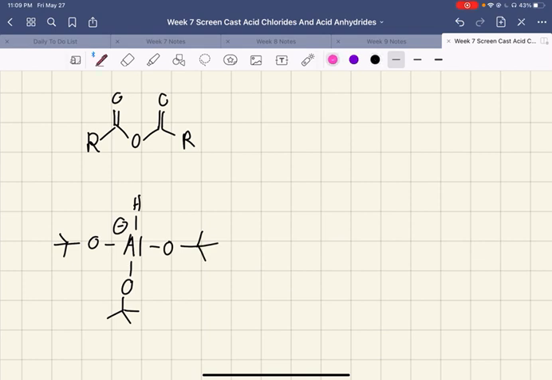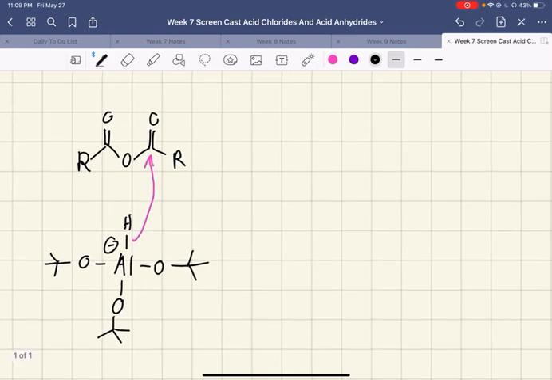So first, this bond will attack this carbonyl, and this will be formed, and lithium will be a spectator metal.